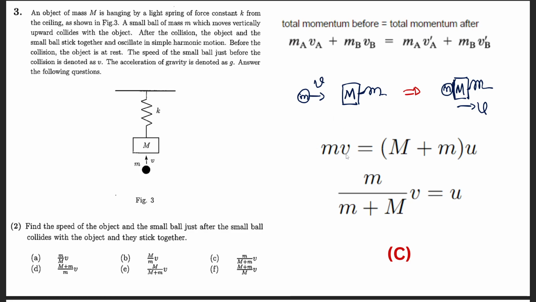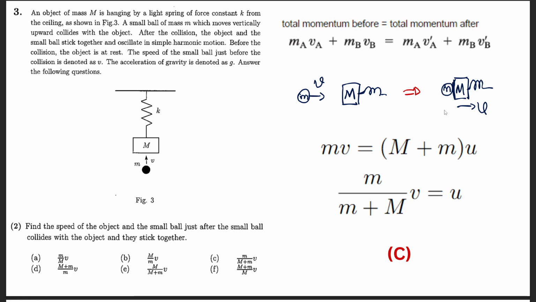So the momentum before is mv, and after it collides, the small m and big M stick together and move in the upward direction. And let's say that this velocity is u.